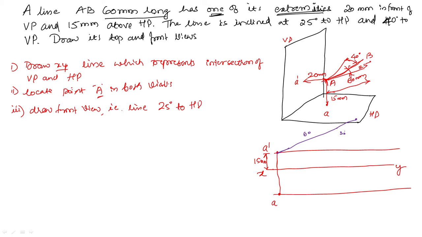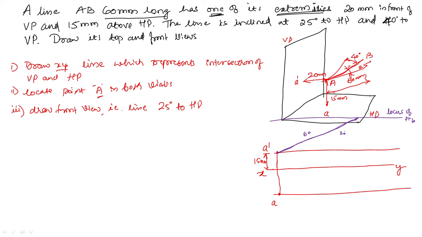Okay. Now this is the locus of point B in front view. Now, rotate this line so as to make it parallel to VP.